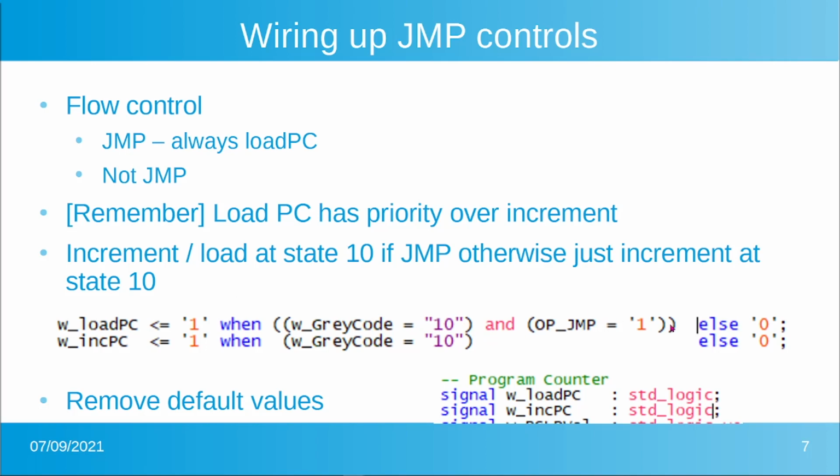Move this back 1 clock. The jump's there in plenty of time. It comes out as soon as the ROM data's true. But combinatorial will work just fine for this. It's not that complex of a piece of logic. So all of our increments and loads will be done at state 10. Otherwise, pardon me, otherwise it'll just increment. And like I said, we removed the default values.